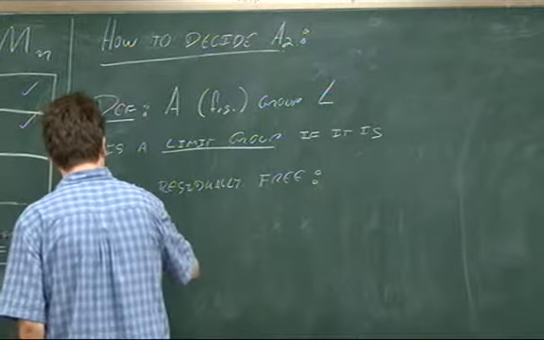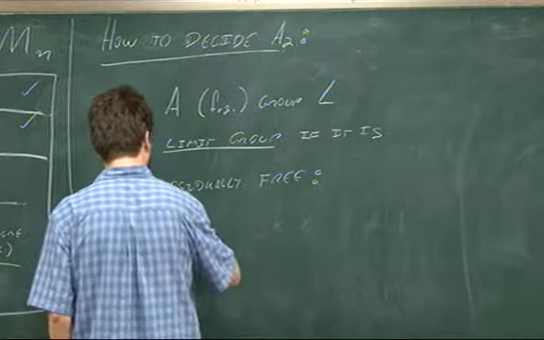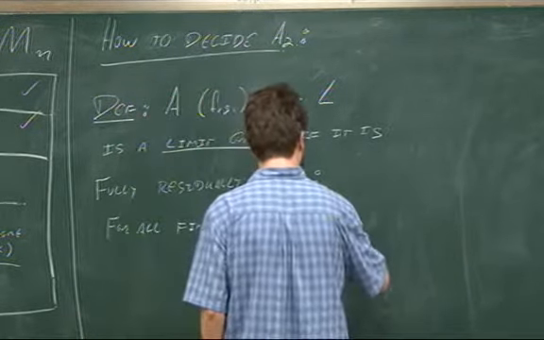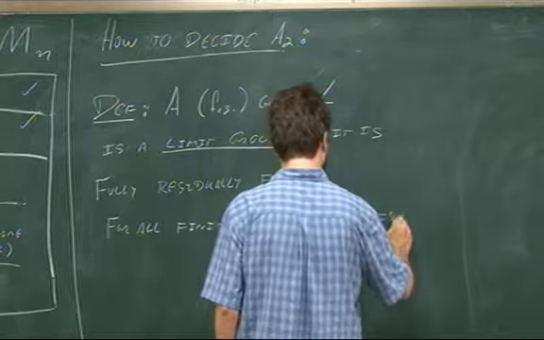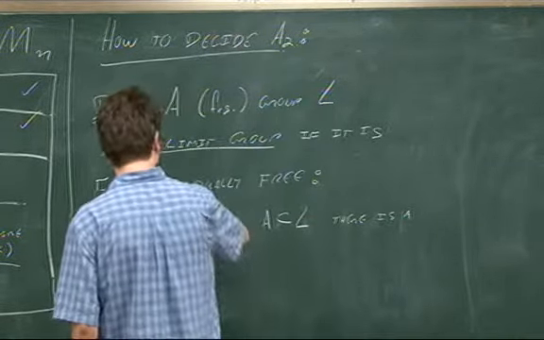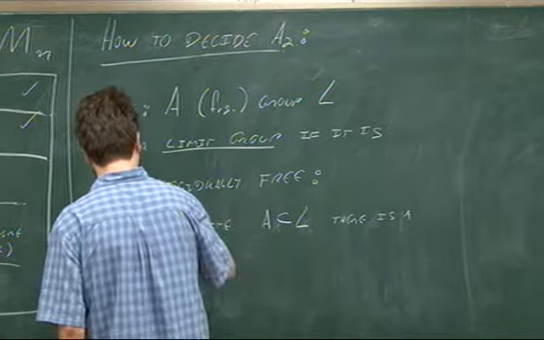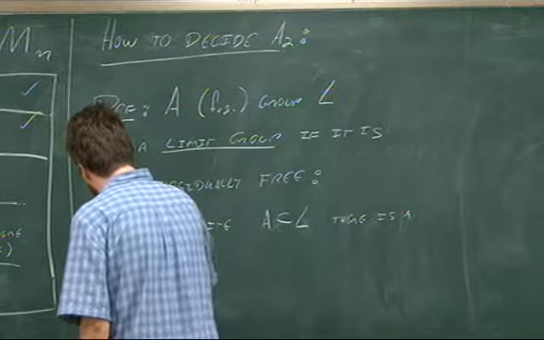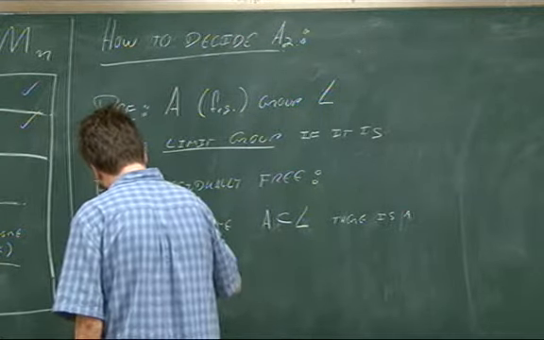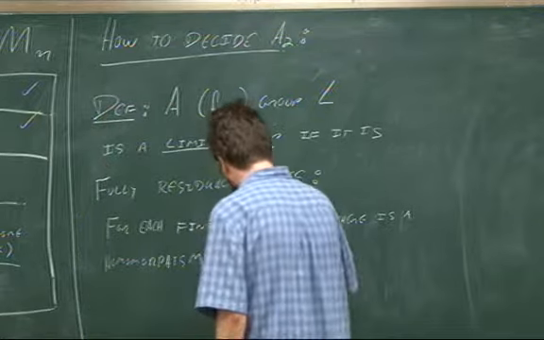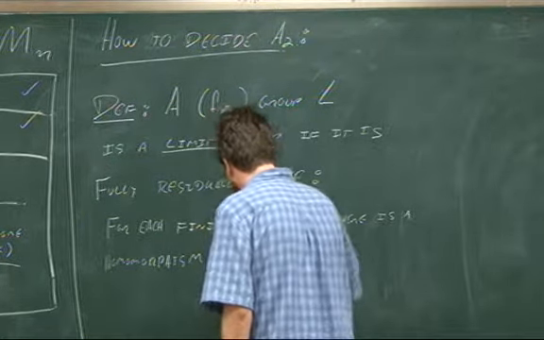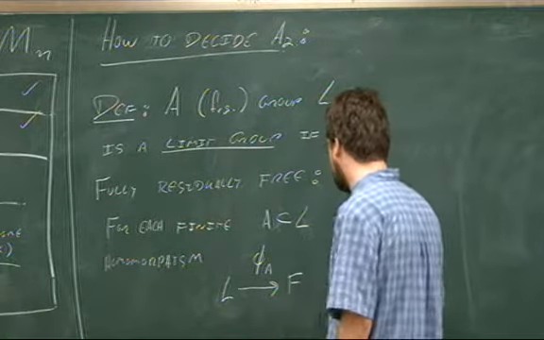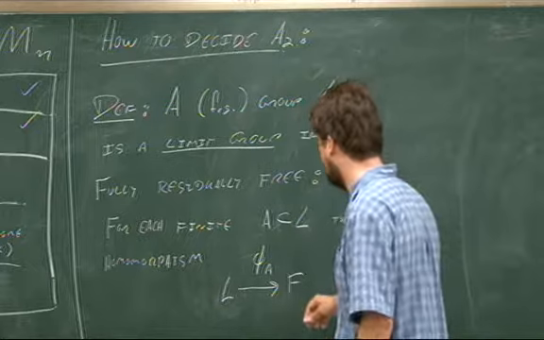It means for all finite sets A sitting inside L, and it's a different map for each one, for each finite subset of the group, there is a homomorphism, call it p sub A, from L to some free group. I can always take it to be free of rank 2 because I'm looking at a finitely generated group.